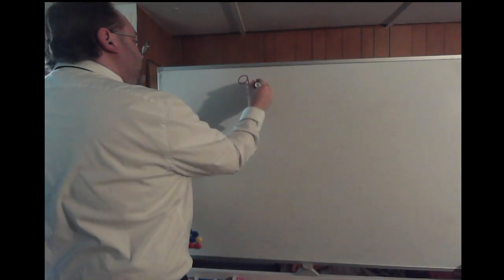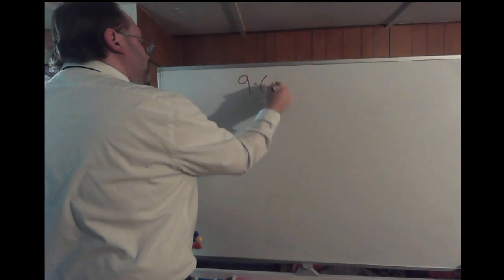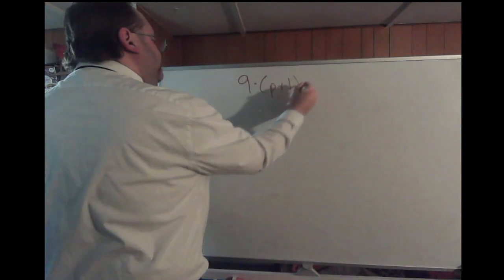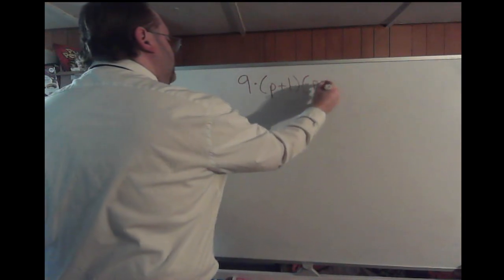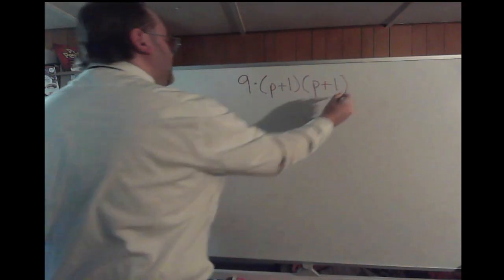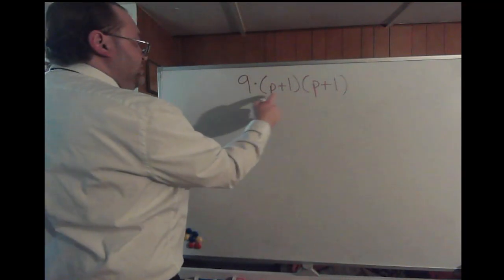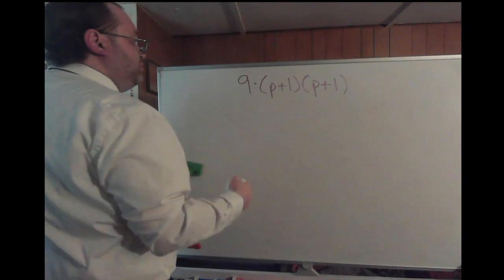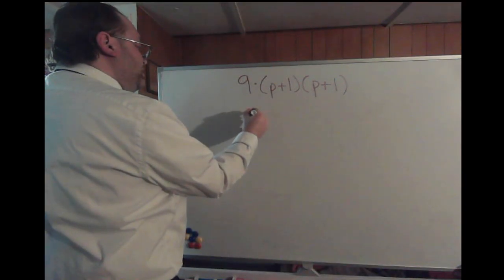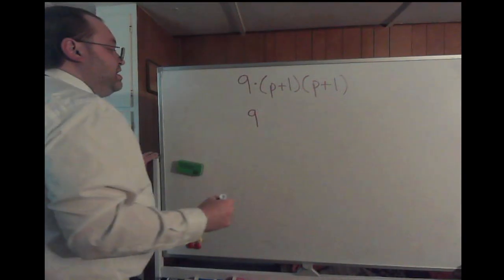One more like this, then we're going to move on. Alright, so you got 9 times p plus 1 times p plus 1. Well, we see 9 is hanging out here by itself.